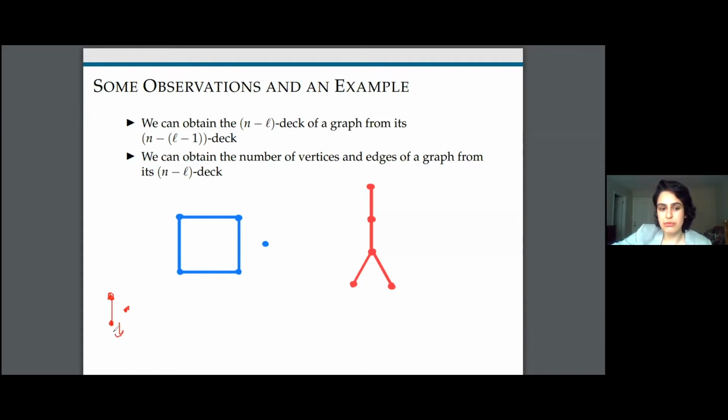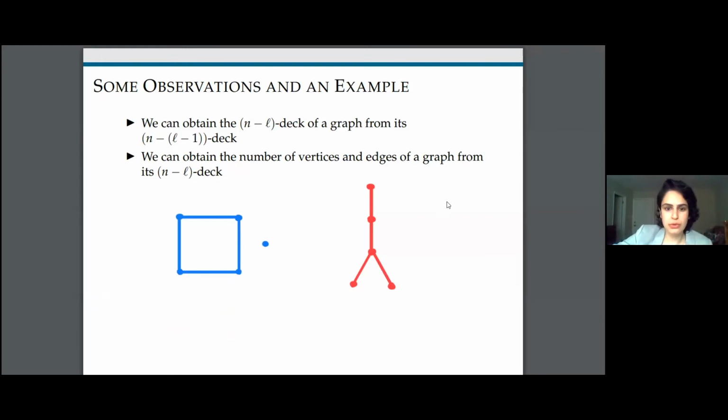They both have 2 cards that are just 3 isolated vertices, and they both have 4 cards like this. This is a very small example, but it shows that it's not obvious that graphs would have a unique deck for whatever L we're talking about.